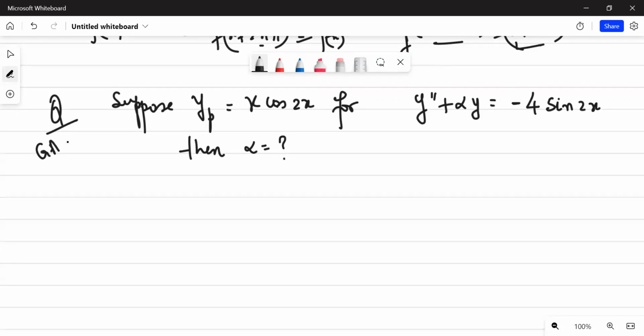Again, GATE mathematics. Tell me quickly, try to solve this question.